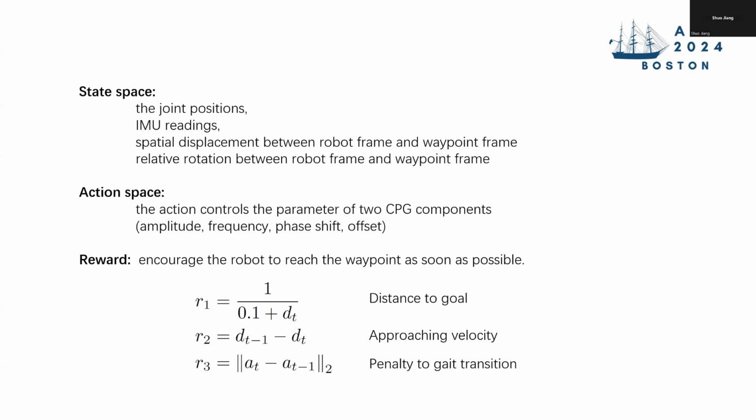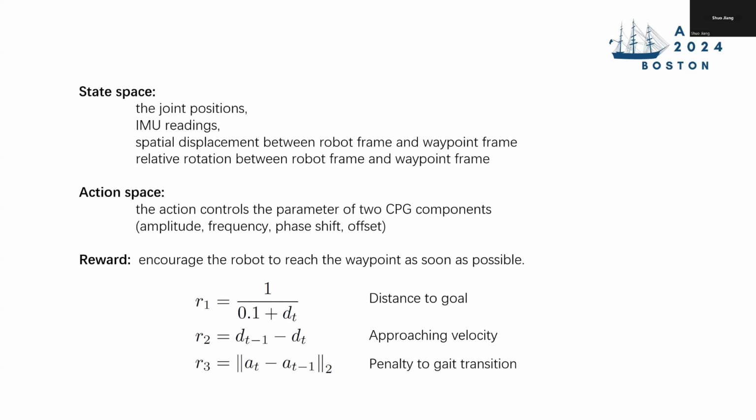We assume the robot can correctly acquire the knowledge between its body frame and the waypoint frame. This is oracle knowledge from the simulator, but in reality, you can adopt some technology like SLAM.